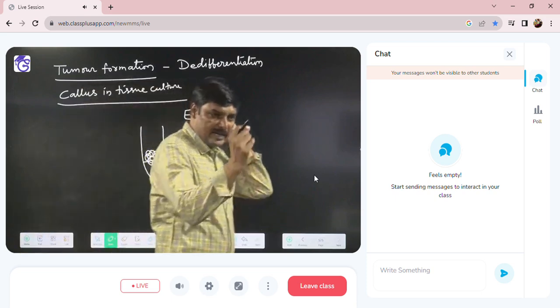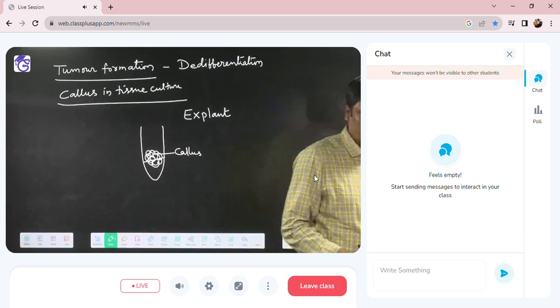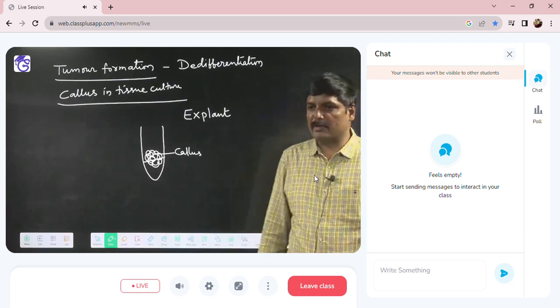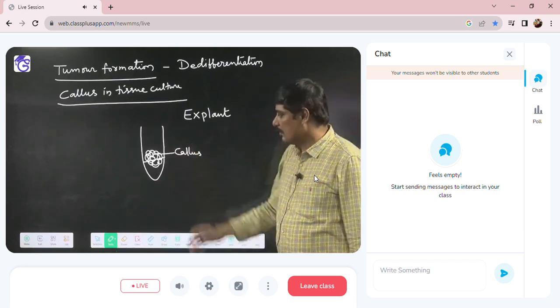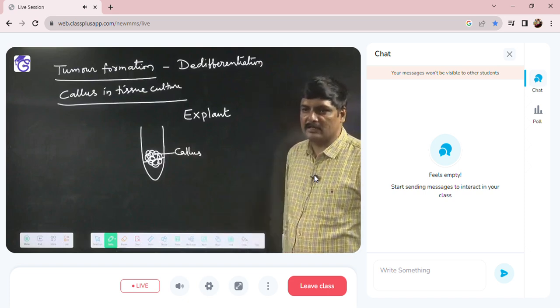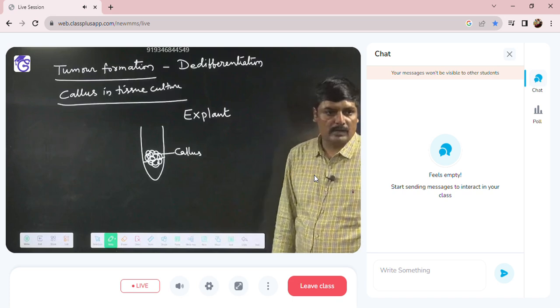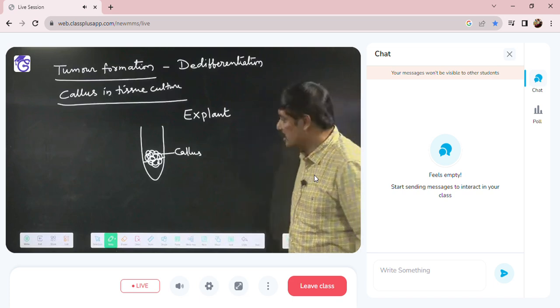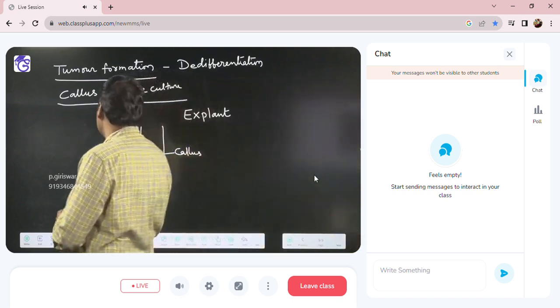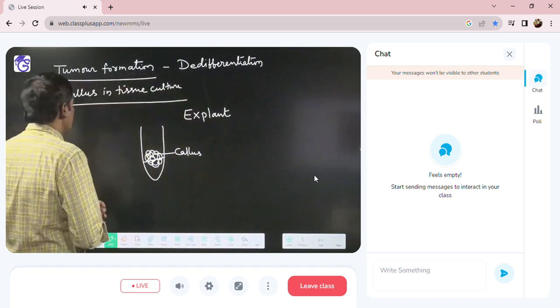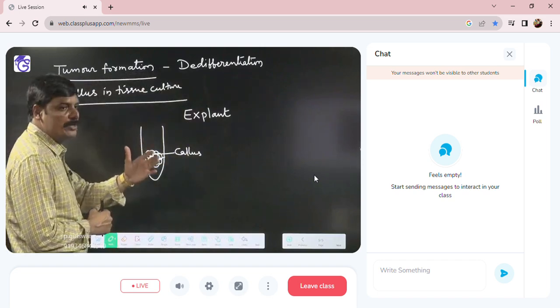So this is callus formation in tissue culture. Both are examples of de-differentiation process.